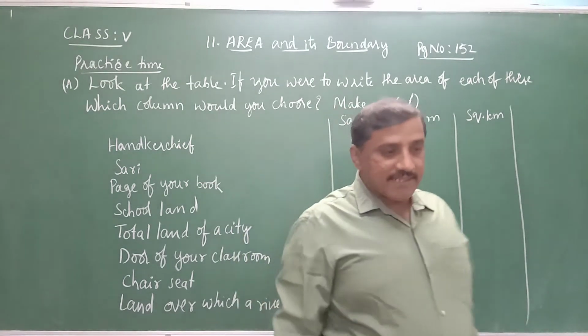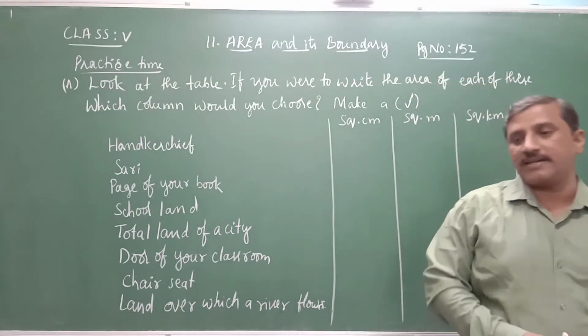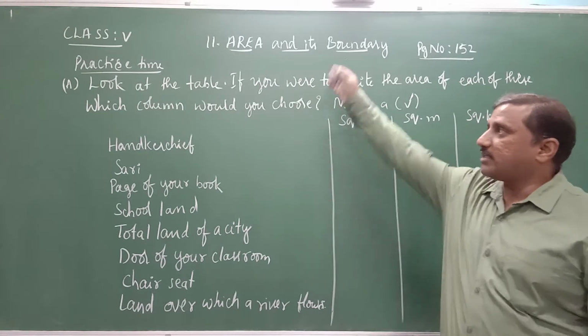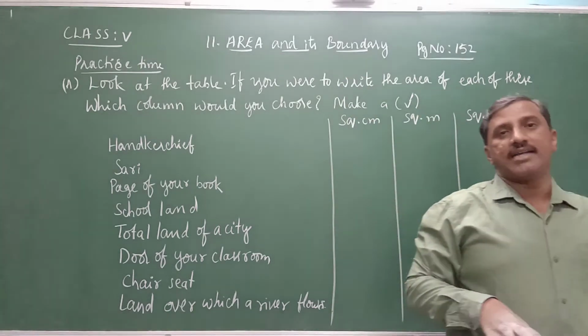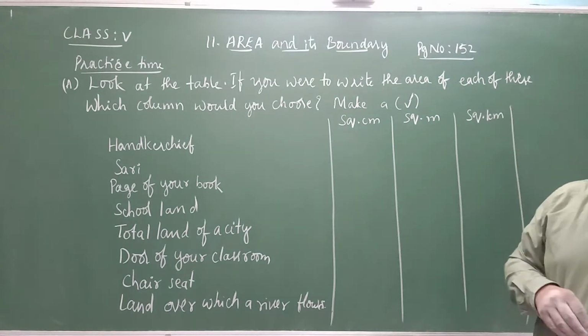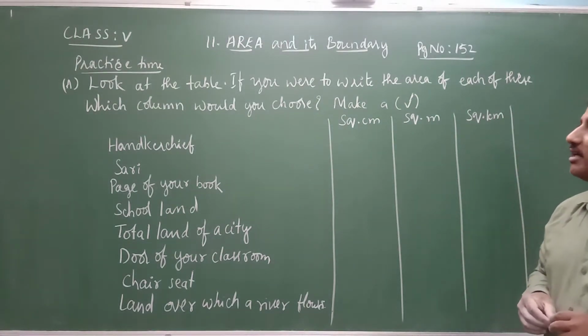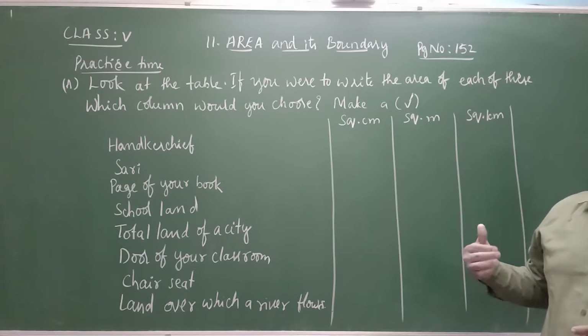So what we discussed in the previous class, that is in the last session, we studied about finding the area of a rectangle and a square, their perimeters and their applications. Today we are going to discuss some more activities.